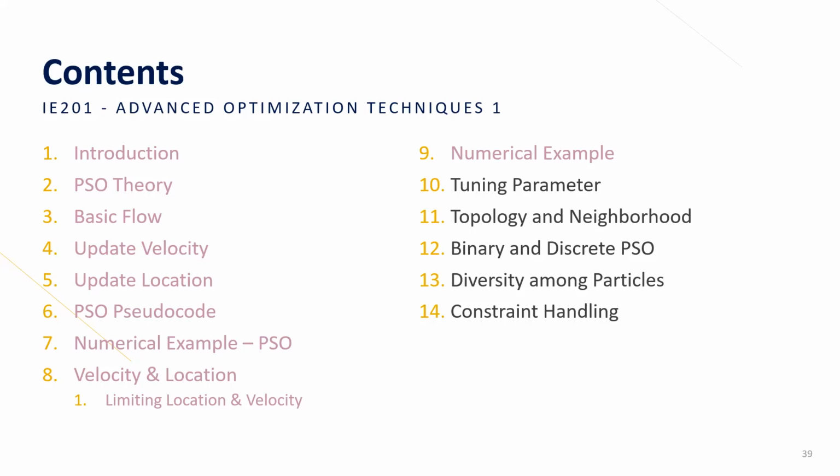So topology is about the network, the relations between one particle and another particle. In basic PSO, the topology is that every particle is connected to every other particle. Right. So it means one particle can learn from every other individual in their population.